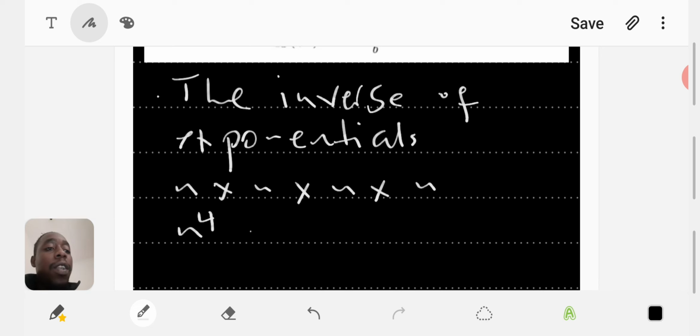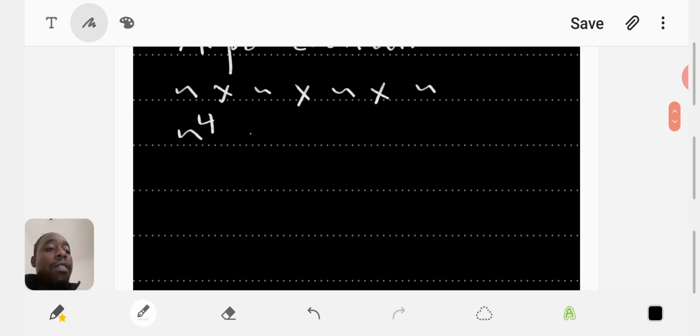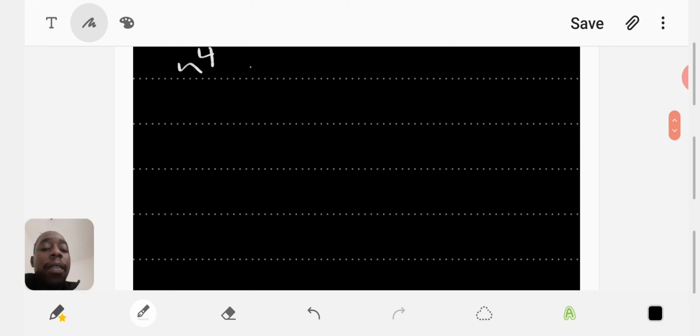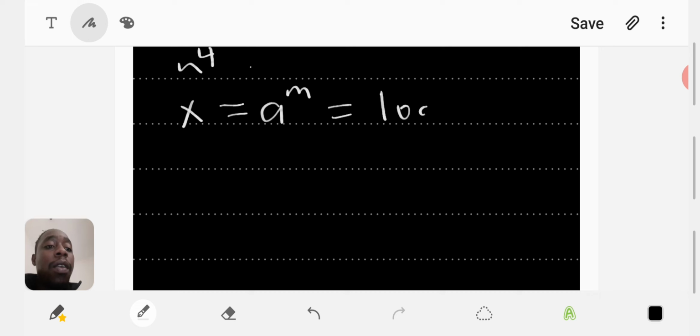So what it relates to logarithms is that in exponential terms, if x is equal to a to the power of m, therefore, if we reverse this to turn it into a logarithm, then we would say the logarithm to the base of a of x will be equal to m.